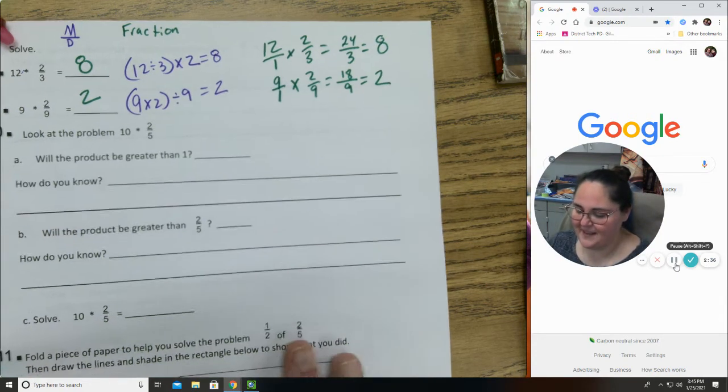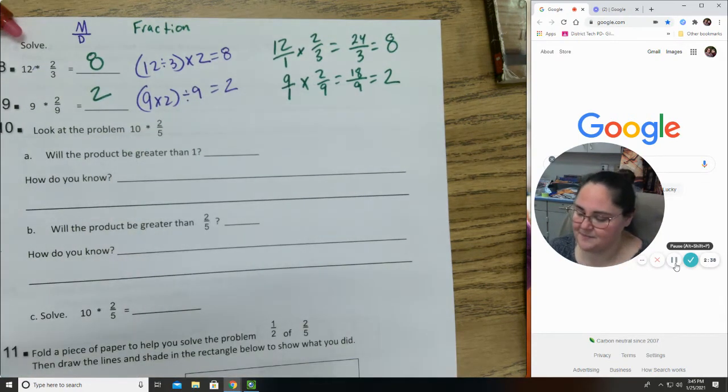All right. Look at this problem. 10 times 2/5. Is my answer going to be greater than 1 or less than 1? What do you think?